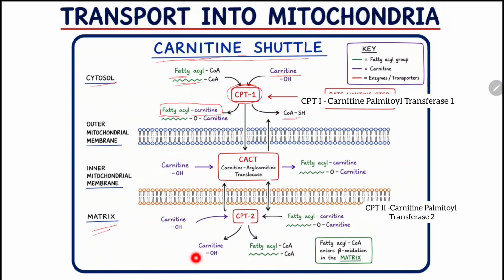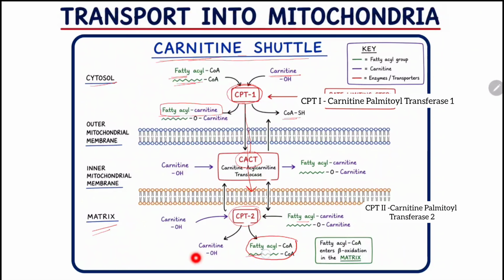Now this fatty acyl-carnitine is transported across the mitochondrial membrane with the help of a transporter protein, that is CACT, and then again inside the mitochondria another enzyme, that is CPT2, will convert back this fatty acyl-carnitine into fatty acyl-CoA.